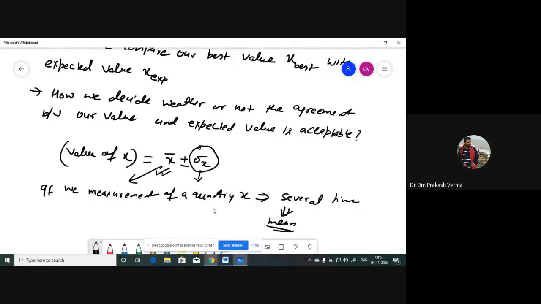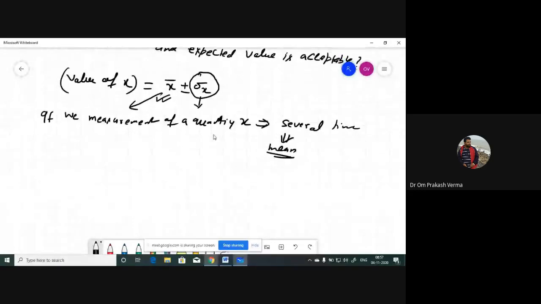Now the standard deviation, that standard deviation sigma x. This is the standard deviation.